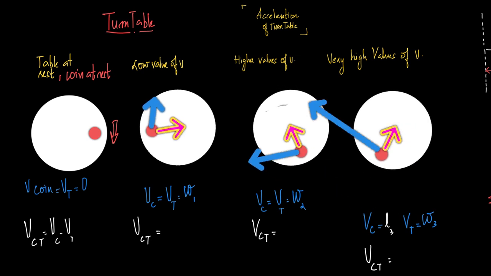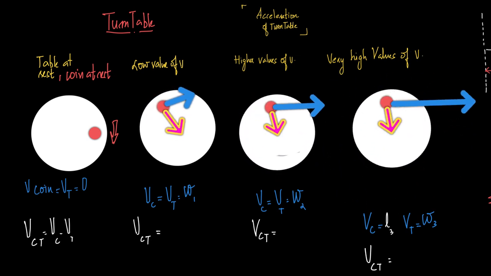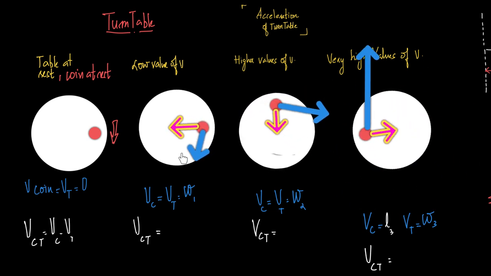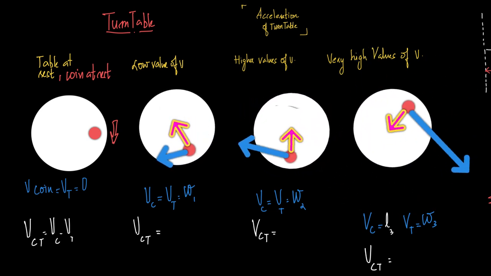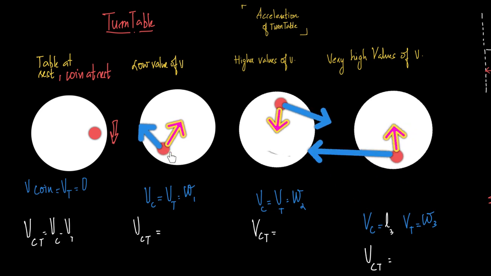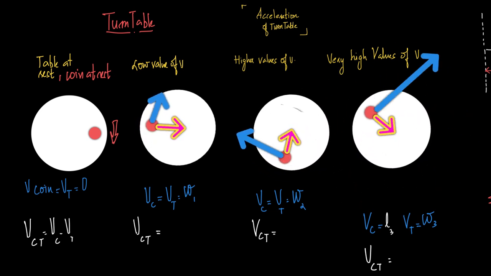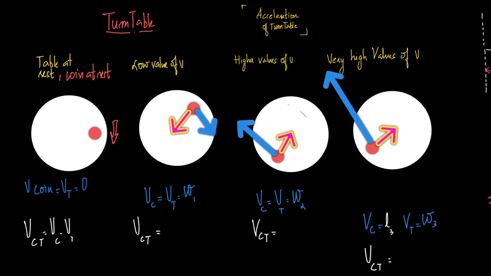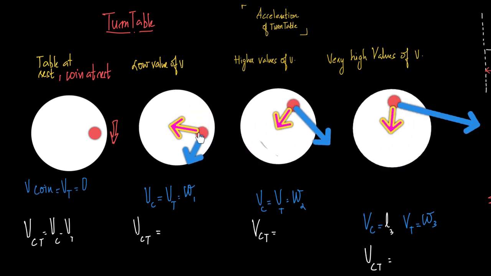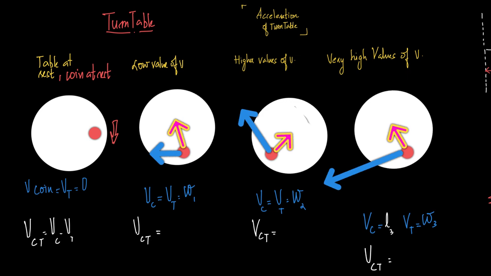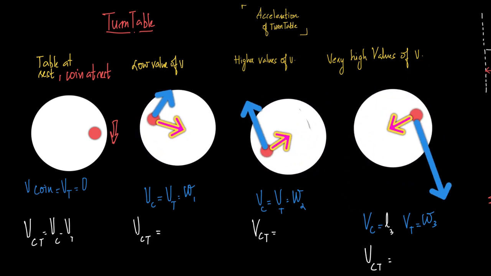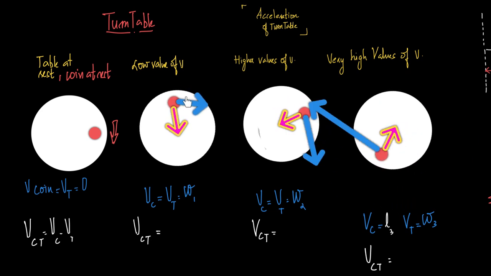Please make sure that you focus on the diagram here. When this coin is rotating, the coin will acquire all the properties with respect to velocities as that of the table. Whenever an object is executing angular motion, there will be one component which is always perpendicular to its motion. That is the velocity component v here.